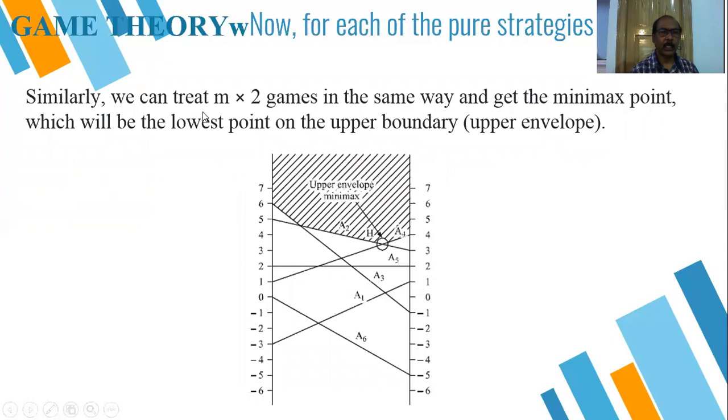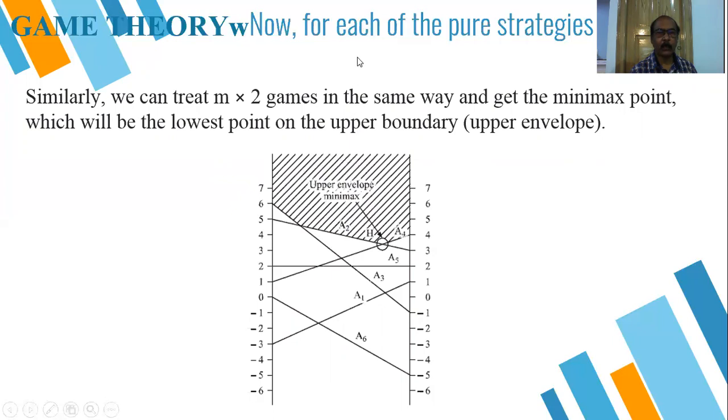Similarly, we can treat the M cross 2 game in the same way, and we get the envelope from upper to lower, because this is the problem for player B. When it is M cross 2, it is known as the problem for player B. For player B, what we are finding is the minimum of the maximum.